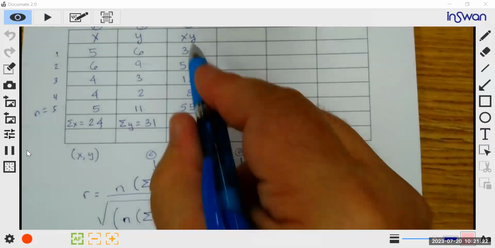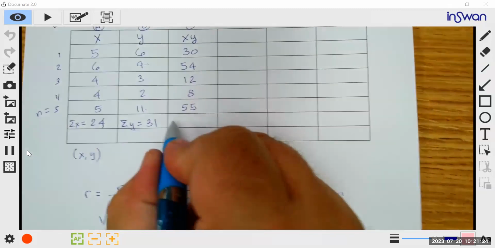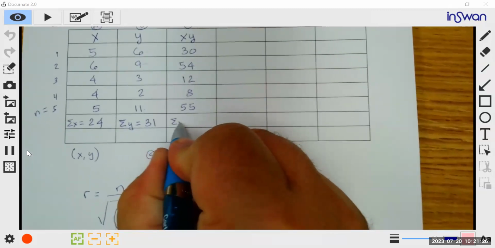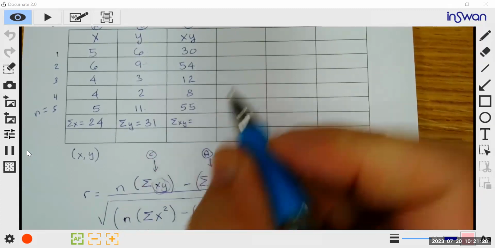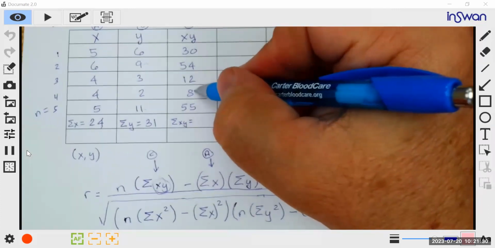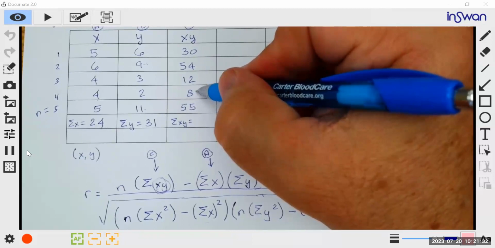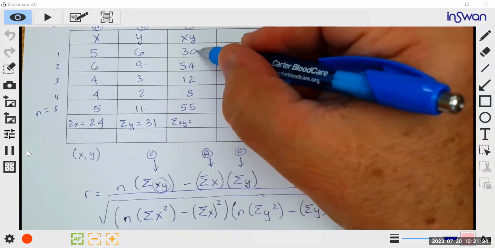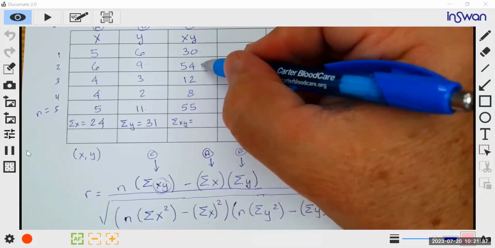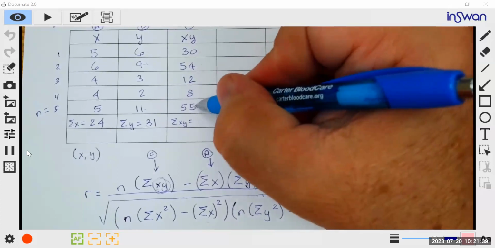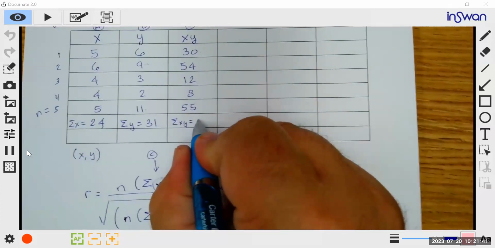So now, since we have all the x times y's, I have to add them all up. 12 plus 8 is 20. 20 plus 30 is 50. Plus 54 is 104. Plus 55 is 159.